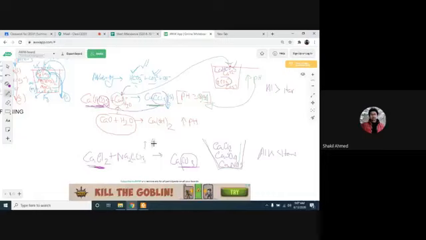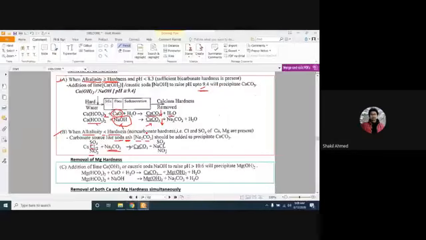And then this calcium and carbonate will react together to give you calcium carbonate and sodium chloride. Clear? And it will precipitate. It's the least soluble form, so it will precipitate. Calcium carbonate and sodium chloride.